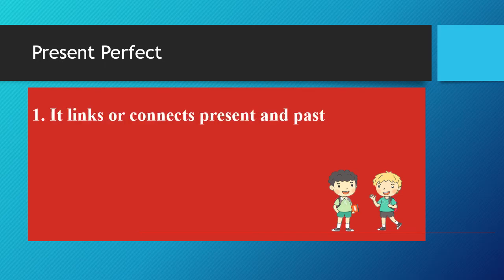It links or connects present and past. Present and past के connection को सहर करता है. For example, he has read his lesson or book. वो अपनी किताब या सबक पढ़ चुका है.